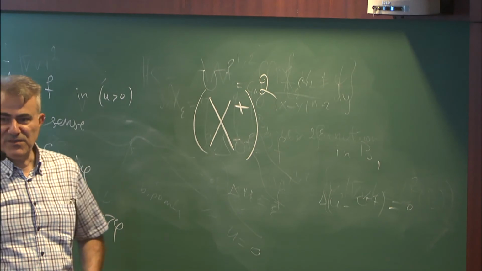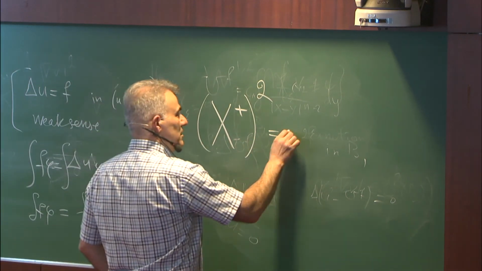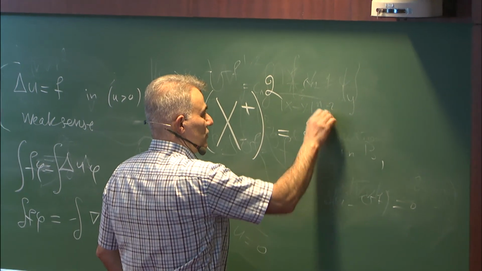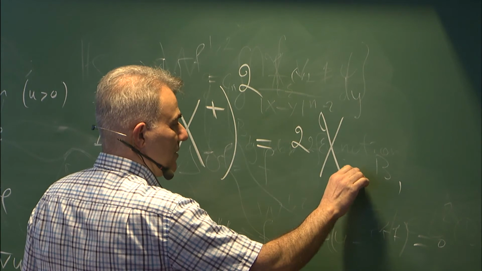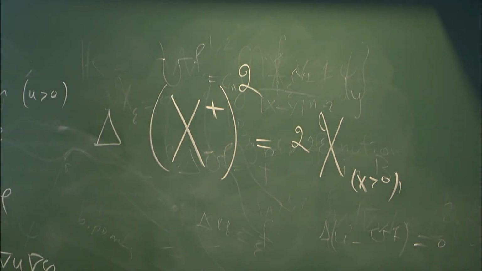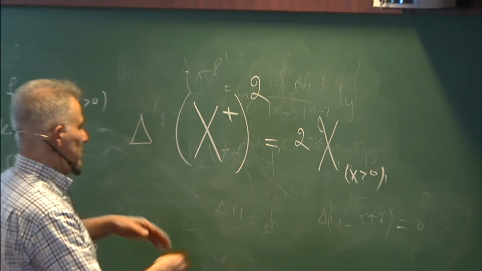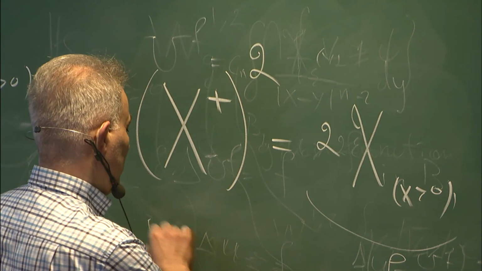What's the Laplacian of this function? It's 2 times the characteristic function of x being positive. So it's 0 and 2, and then the Laplacian jumps. So this function is our f, and this function is our u.